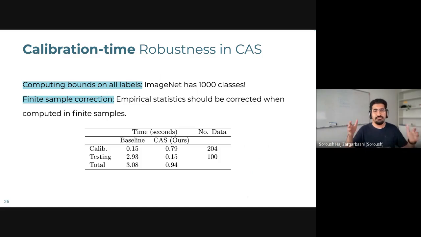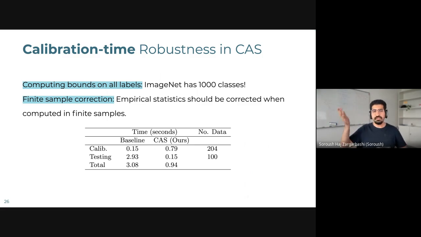When you have a limited number of samples from your data, let's say 1,000 or 10,000 samples, and you want to compute these upper bounds for all test labels, so for example in the case of ImageNet, for 1,000 different classes with the same set of samples, you need to account for Bonferroni correction because you're using the same sample for 1,000 different statistics. So the bounds that you get at the end for this finite sample correction are less tight, and therefore you have higher upper bounds again.